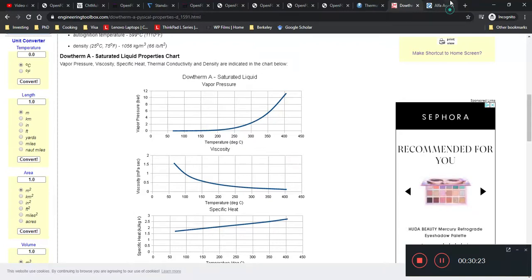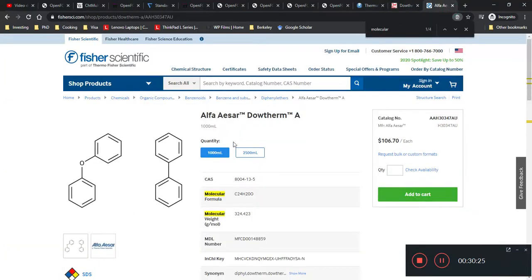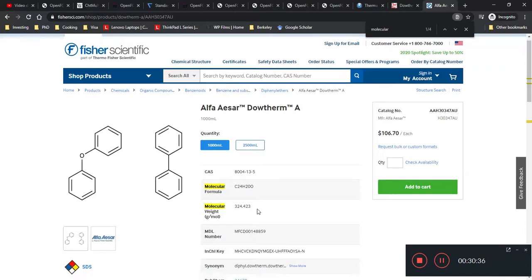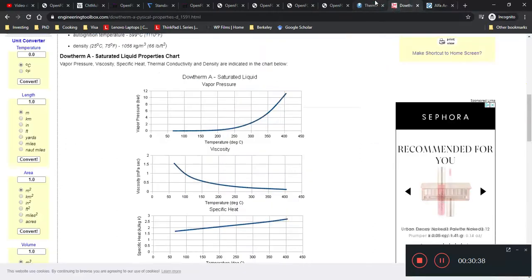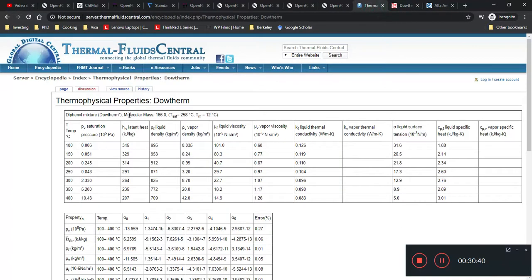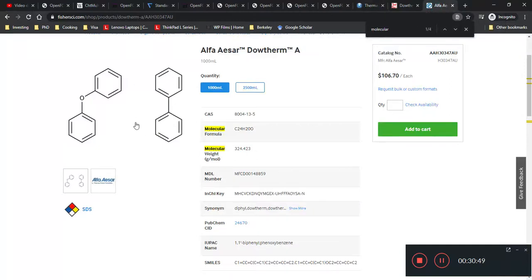And of course, if you want a molecular weight, you can look at this Dhalsim A. It says the molecular weight is about 324 grams per gram mole. Though the molecular mass here is displayed as 166. So rather than adding the molecular weights of these two chemicals together to get 324, I think you divide by 2, and you get about 166.